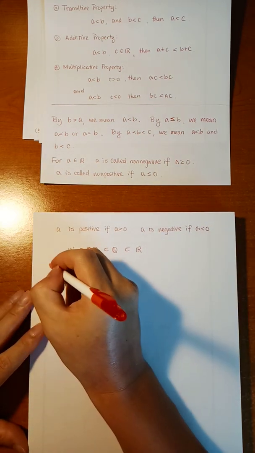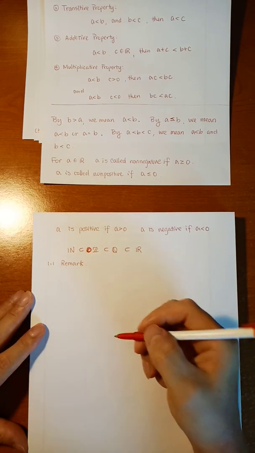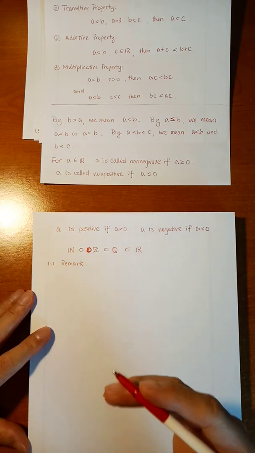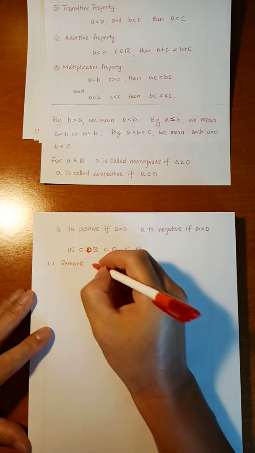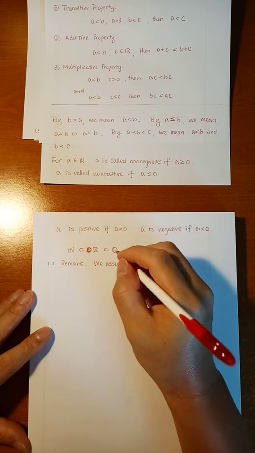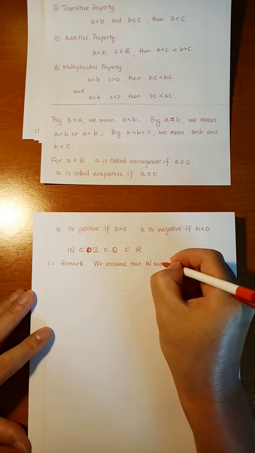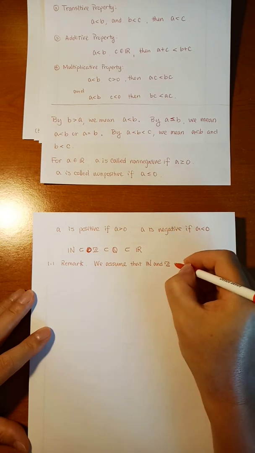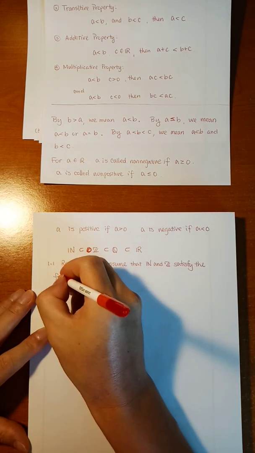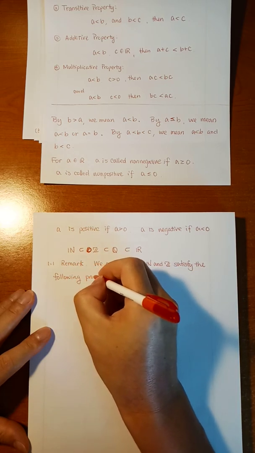Okay, so in the next remark, we just collect some basic information about integers and natural numbers. So we assume that natural numbers and integers satisfy the following properties.